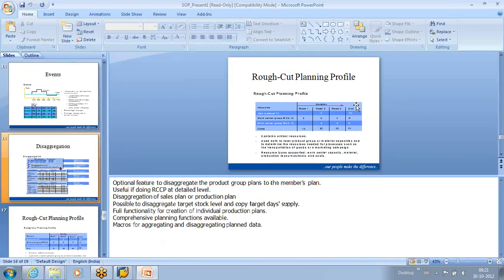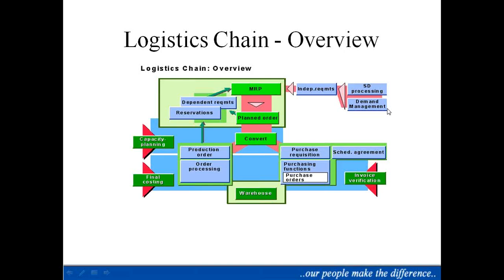So ultimately, our SOP, the sales figures, are transferred to demand management. This demand management in turn will generate the independent requirements in the system. Once the independent requirements are there, this cycle keeps on running, which we will see how to go ahead with. We are starting from here to here so far. Is that clear? Okay.